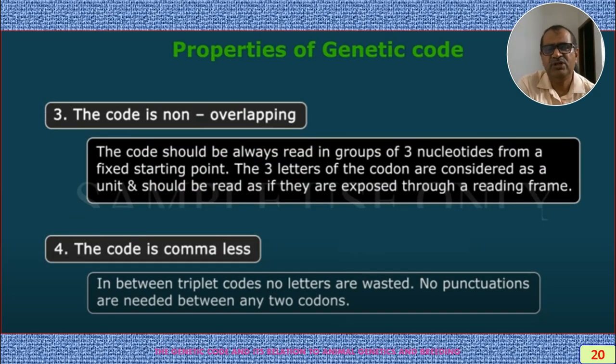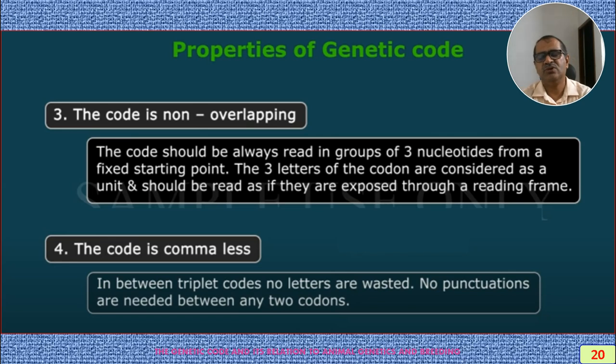Then, another property of the genetic code is that the code is non-overlapping. It means if a code is there, there is no confusion between these codes, so unwanted amino acids will never be produced, because the code should always be read in groups of three nucleotides from a fixed starting point.